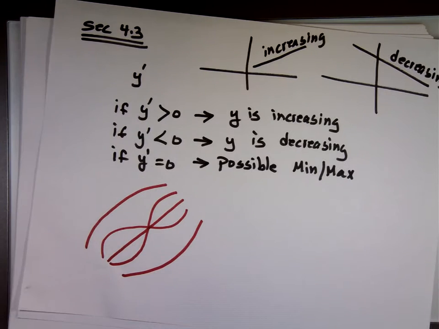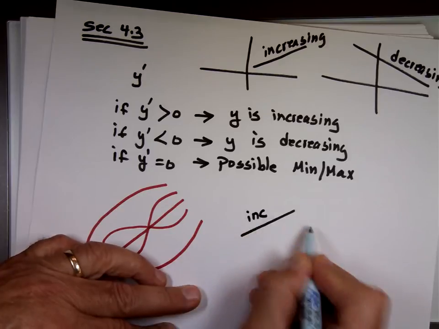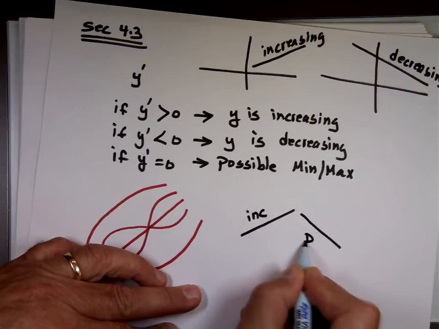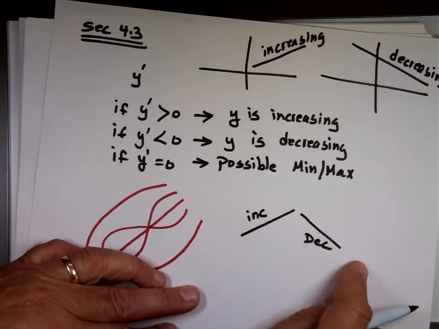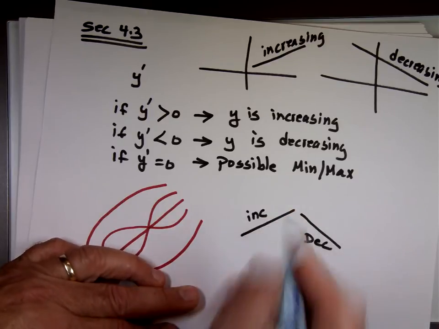And how do you know, by the way, if the point is a min or a max? If you looked at this one and said, okay, I have a point. I know the function is increasing here up to a certain point, then it's decreasing. Can you tell what kind of a point that is? Is that a min or a max? That's a max point.